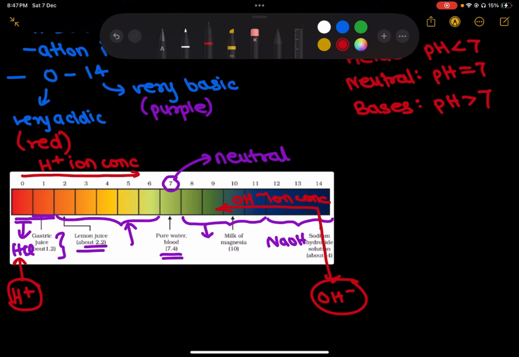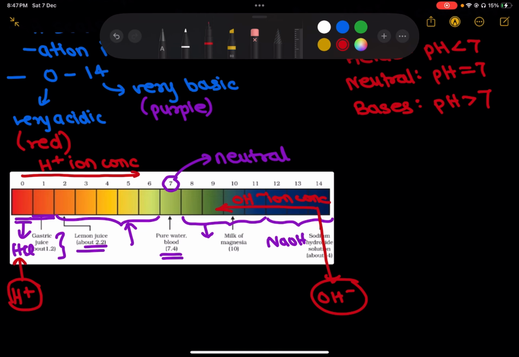So you understood this. This is very important. From 0 to 14, the H plus ion concentration goes on decreasing, right? So from this we can conclude that bases also contain a small amount of H plus ions, but the OH minus ions dominate the H plus ions in bases.